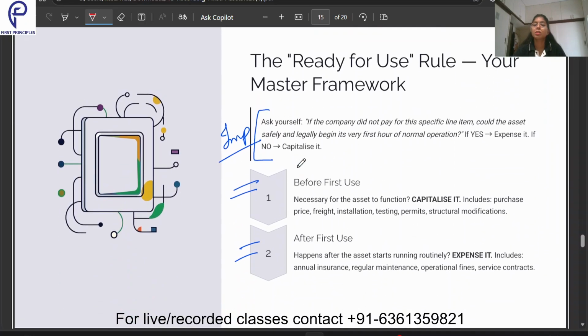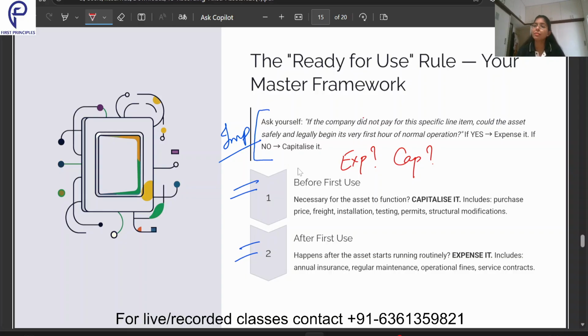Now, one thing important to understand: when to expense and when to capitalize. If the company did not pay for this specific line item, could the asset safely and legally begin its very first hour of normal operation? That means if I have not paid for a particular expense, can the company work without it?